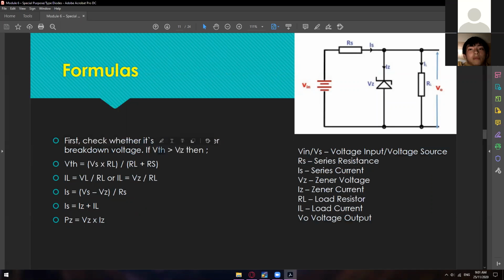Why VTH? Because we have to consider the RS and the RL in this circuit. As you can see, this is actually like a voltage divider, wherein we have the formula: voltage source times RL, divided by RL plus RS.